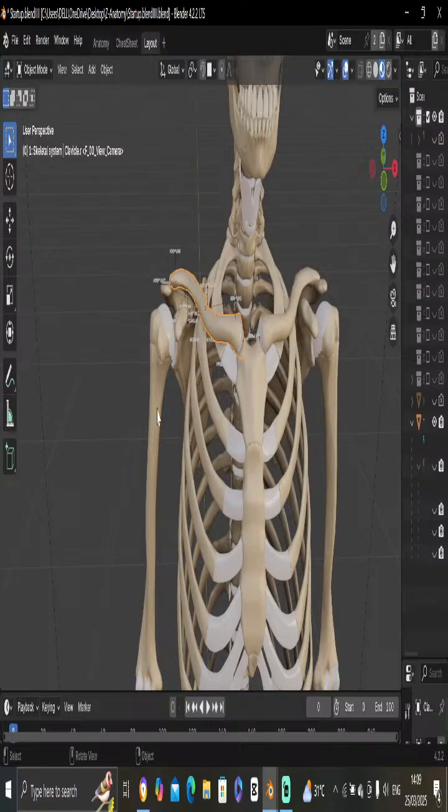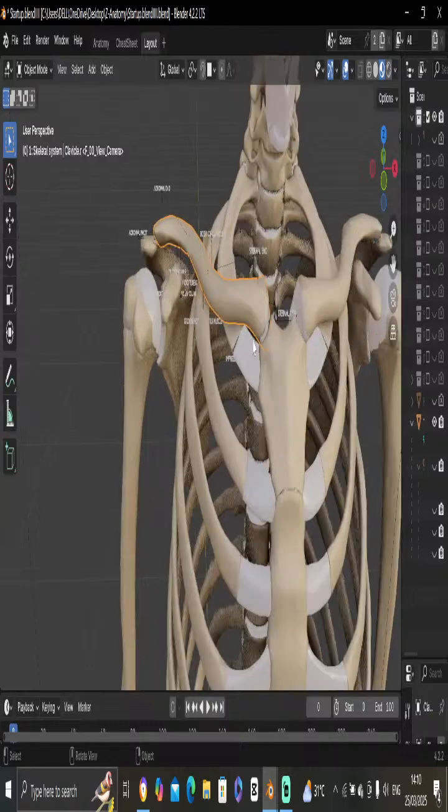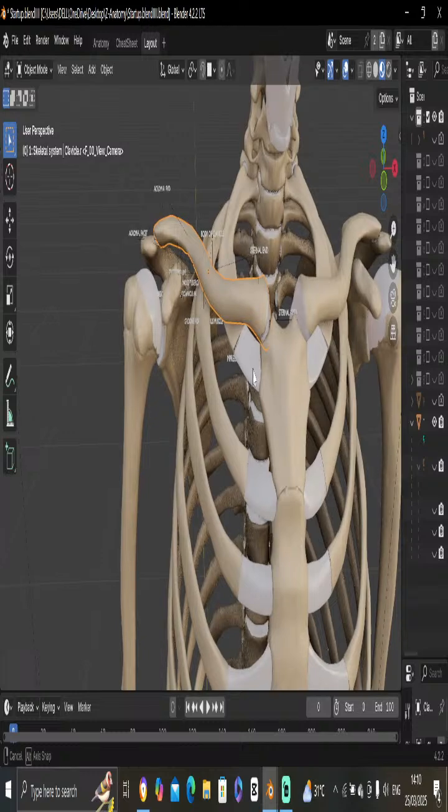So those muscles provide indirect attachment of the upper limb to the axial skeleton. But the major bony attachment of the upper limb to the axial skeleton is at this tiny joint, the sternoclavicular joint.